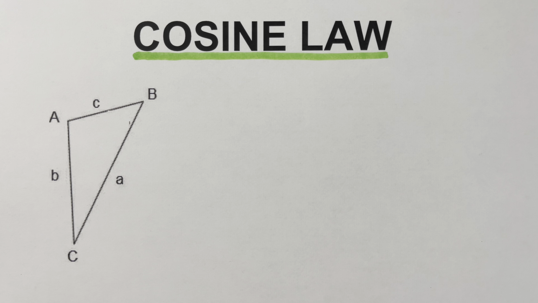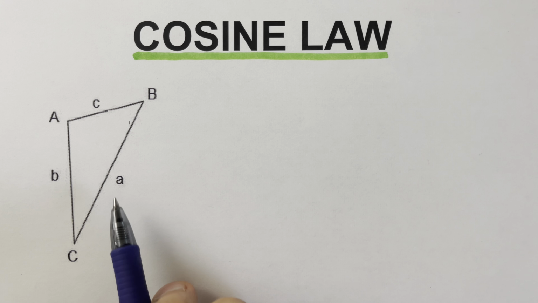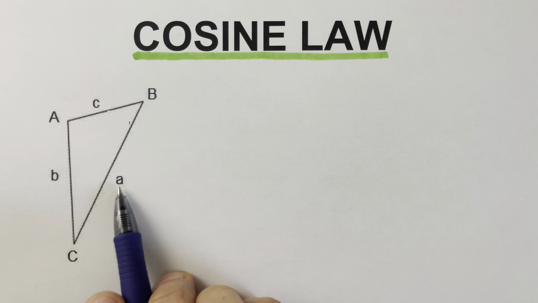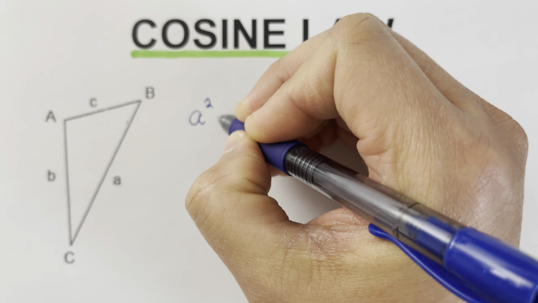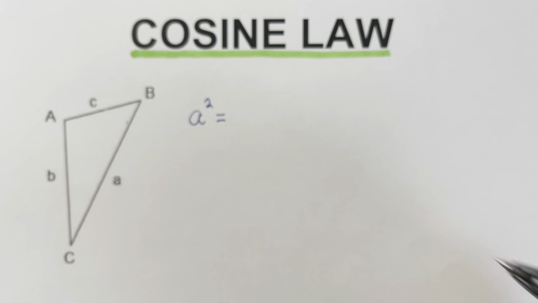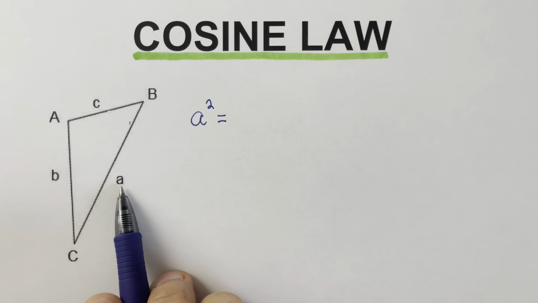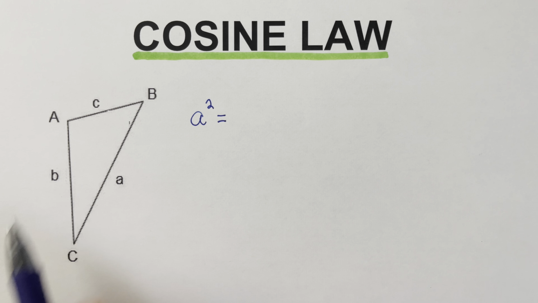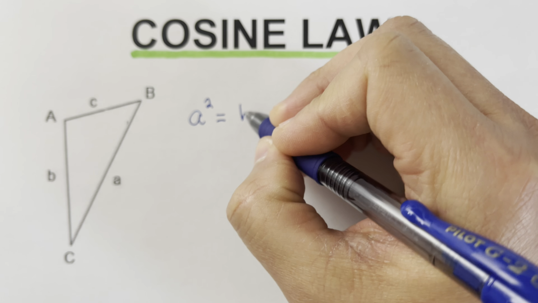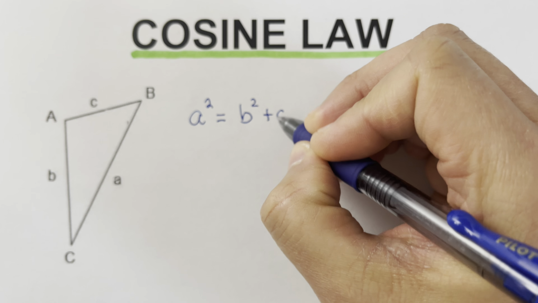But what we remember is the main concept of the cosine law, which states that if we take the square of this side, a squared, it is equal to the sum of the squares of the remaining sides. So we add b squared plus c squared.